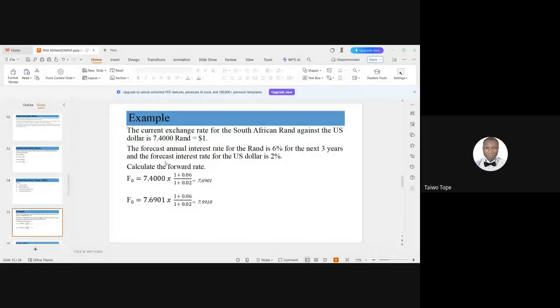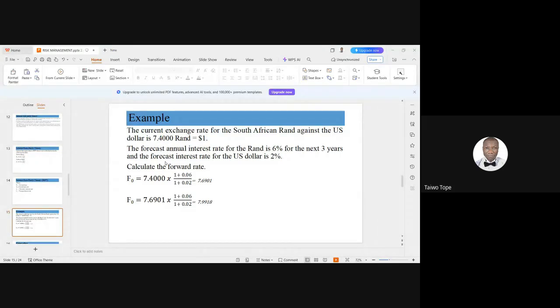These are the methods designed and agreed by market participants, such as companies, traders, exporters, importers, banks, and other financial intermediaries, to reduce the potential losses that may arise from foreign exchange transactions.